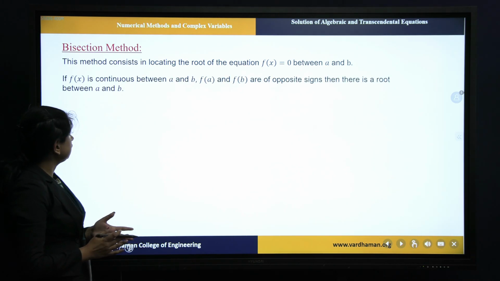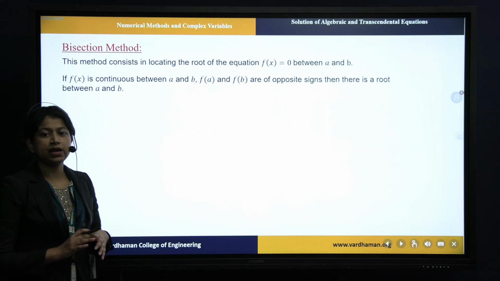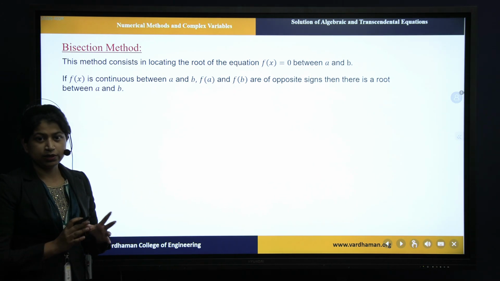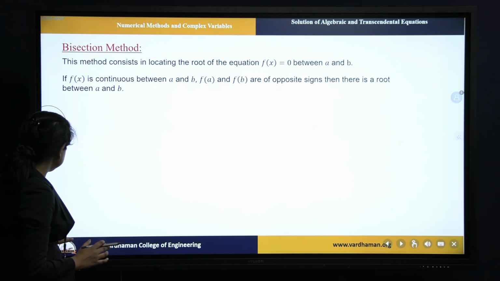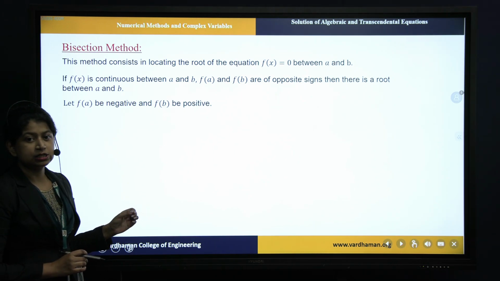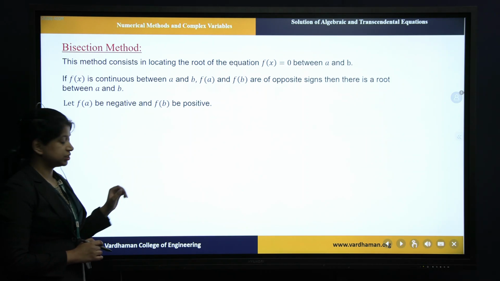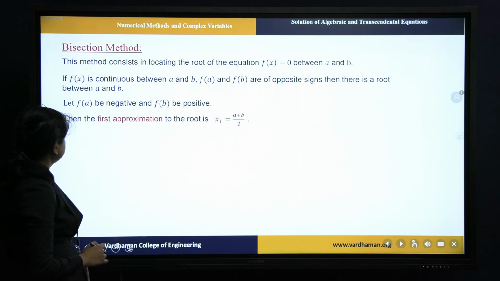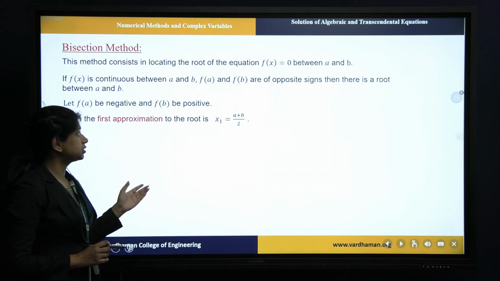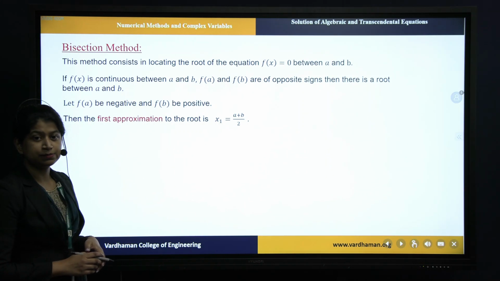If f(x) is continuous between a and b, and if f of a and f of b are of opposite signs, then there is a root between a and b. We consider first, let f of a be negative and f of b be positive. Then by the bisection method, the first approximation to the root is given by x1 equal to a plus b by 2.